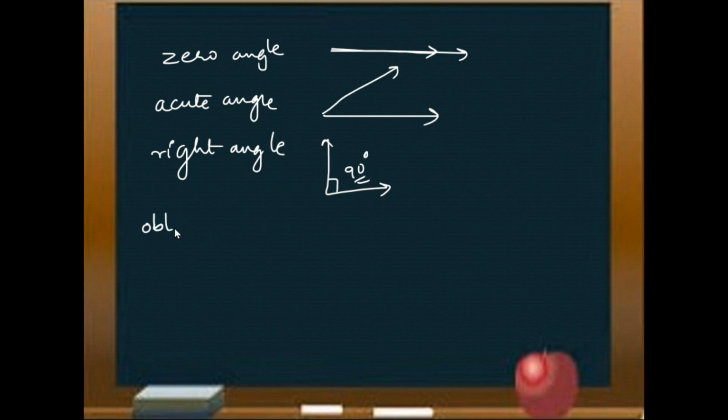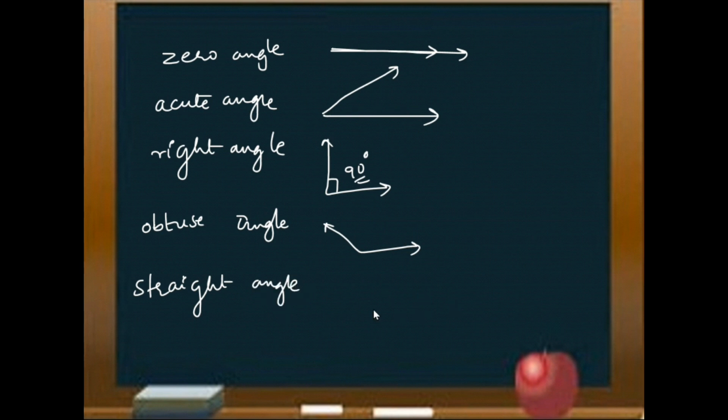Then we learned obtuse angle, which is more than 90 degrees but less than a straight angle. Then we learned straight angle, which is just two rays opposite to each other, and again the measure is always the same, 180 degrees.